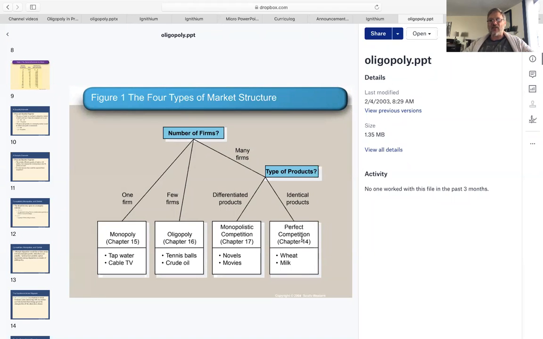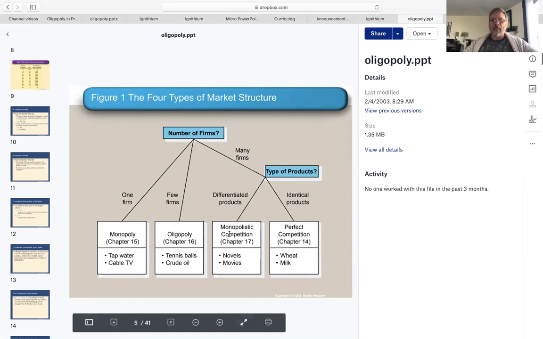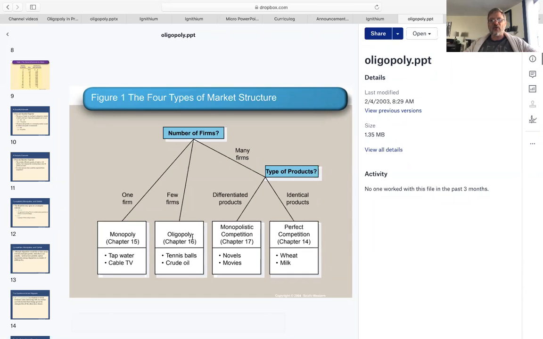They are price takers. They can't influence the price of the product that they're selling. But when you're an oligopolist, you're one of a few firms. A good modern example that a lot of people point to as an oligopoly is in telecommunications: AT&T, Sprint, Verizon. They're just a few firms.